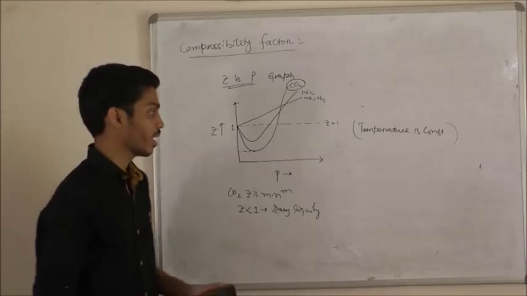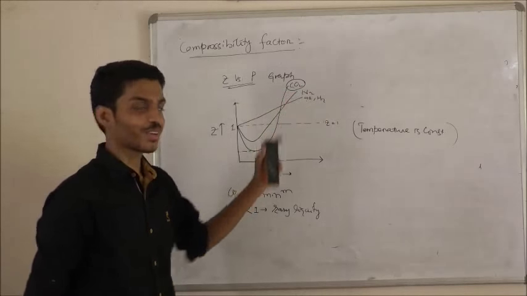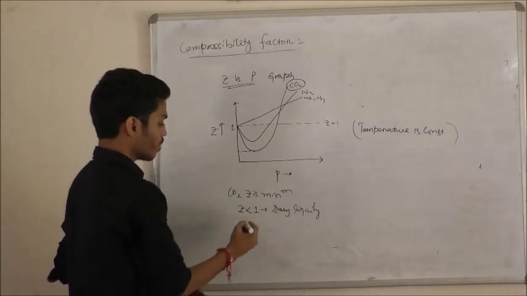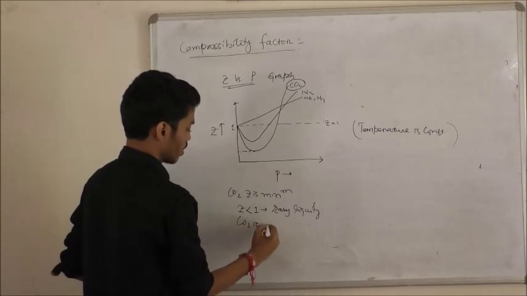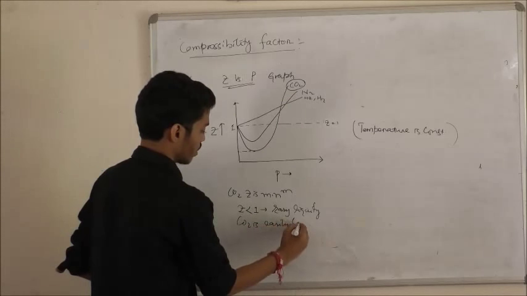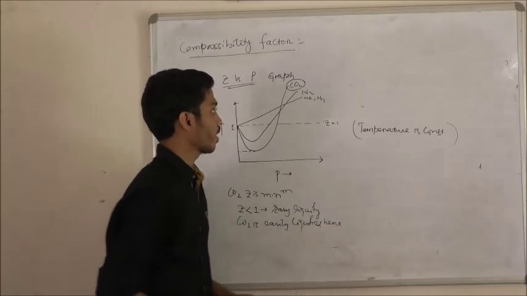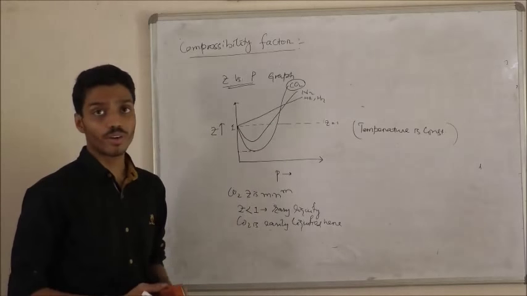That means among these gases CO2 is easily liquefied. So CO2 Z is minimum, so CO2 is easily liquefied here.